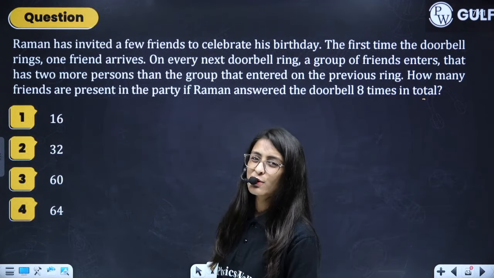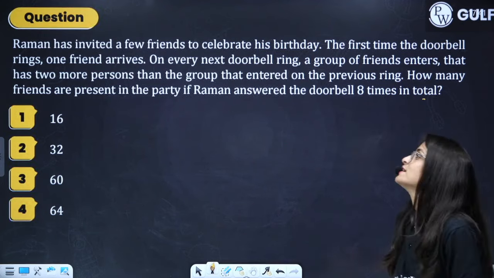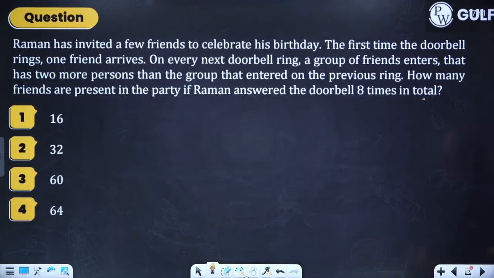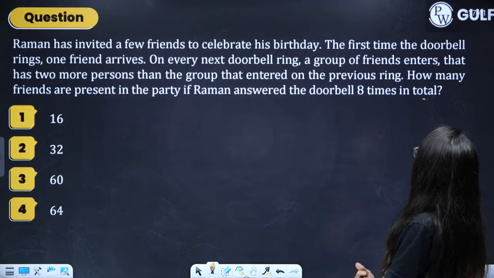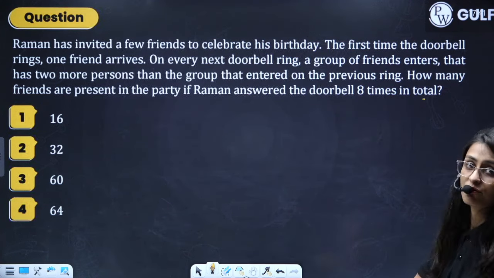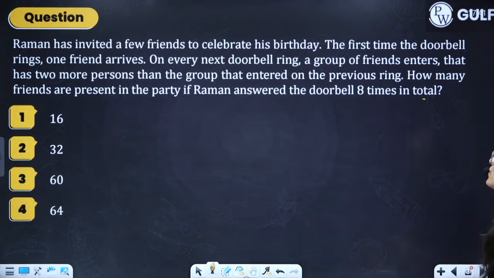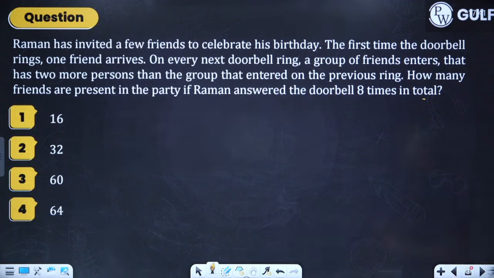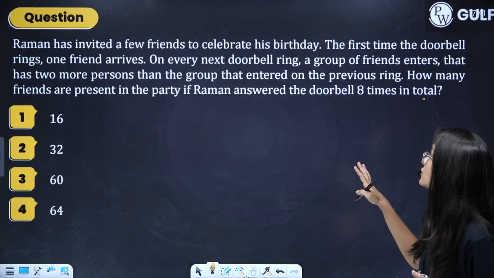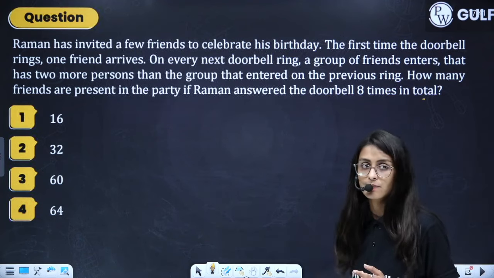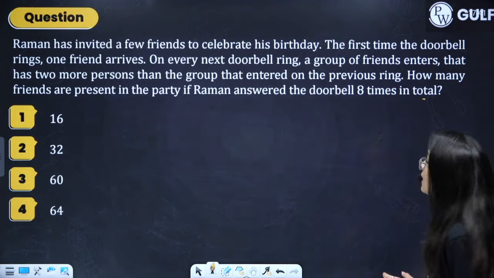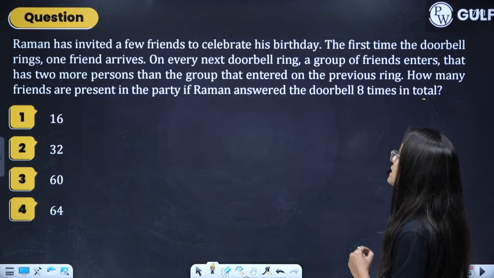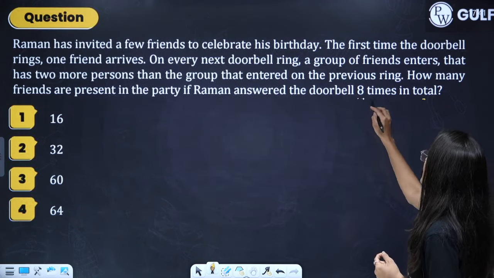Now let's go to Raman's birthday party. Raman has invited a few friends to celebrate his birthday. The first time the doorbell rings, one friend arrives. On every next doorbell ring, a group of friends enter, and that has two more persons than the group that entered on the previous ring. How many friends are present in the party if Raman answered the doorbell 8 times?